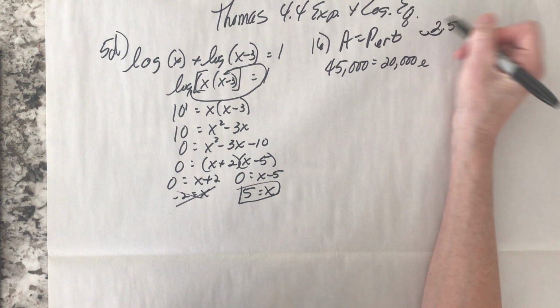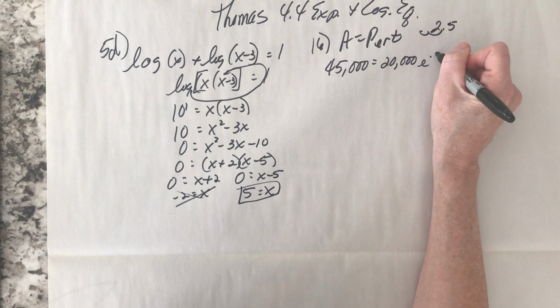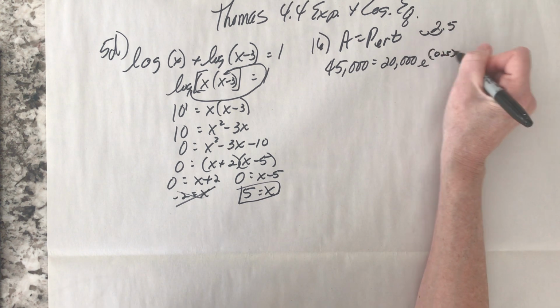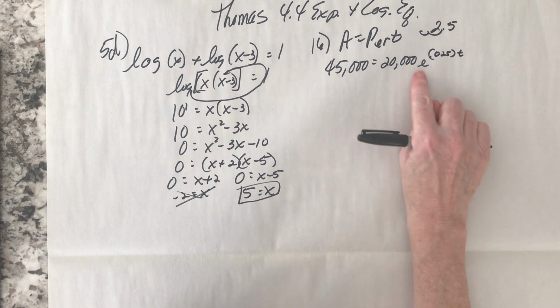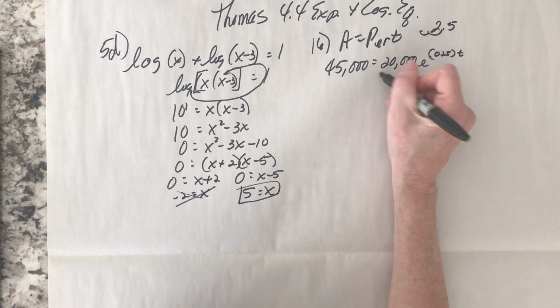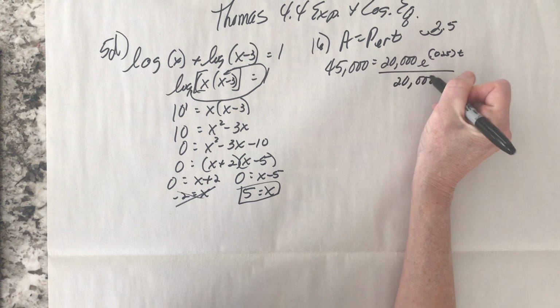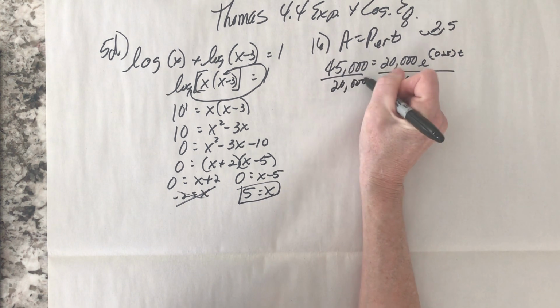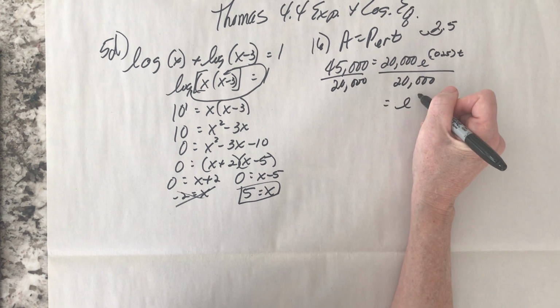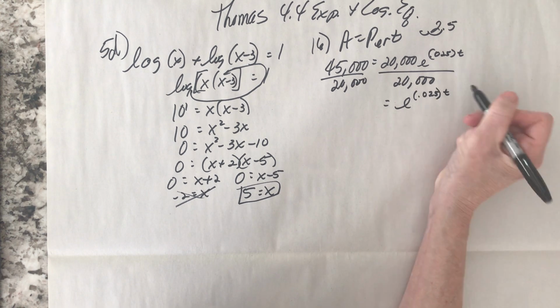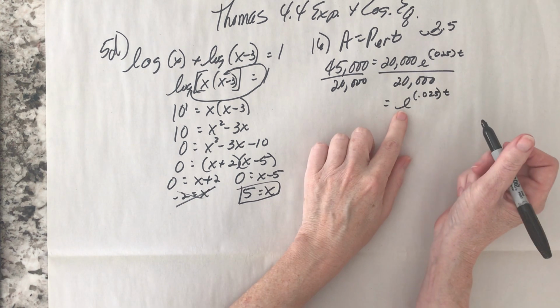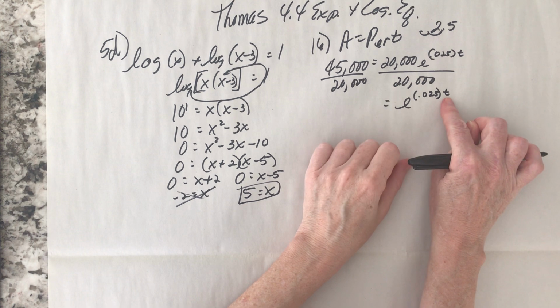Move it over 2 places, so we're multiplying times 0.025 times the time, times the number of years. We want to get e by itself, so let's divide both sides by 20,000. So we get e to the 0.025t. And actually, we know what e is. It's 2.71.